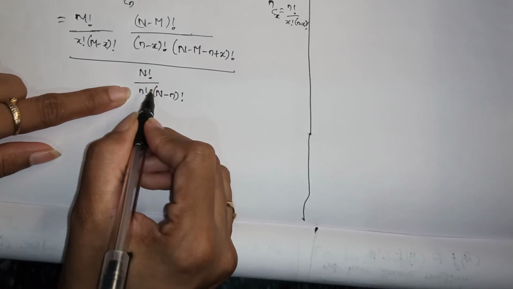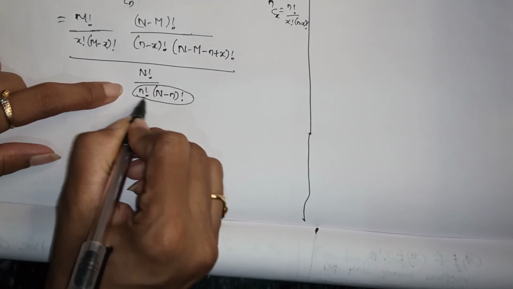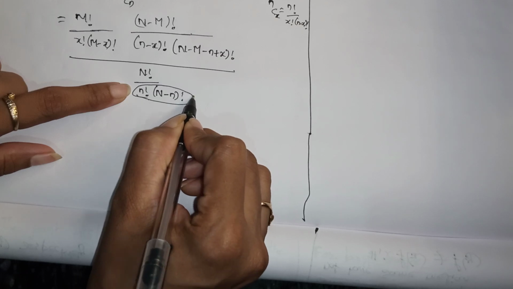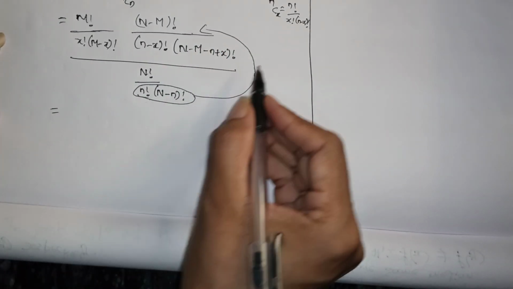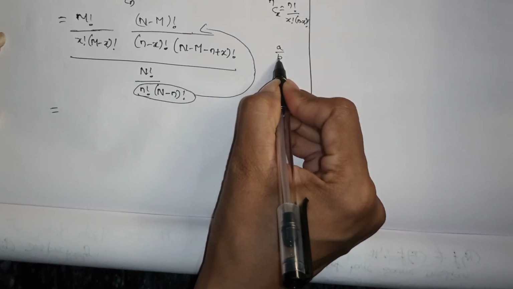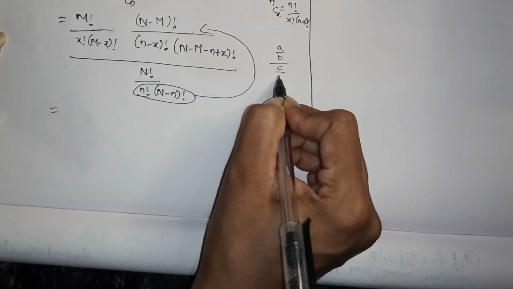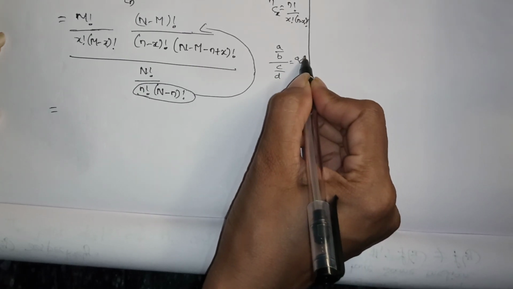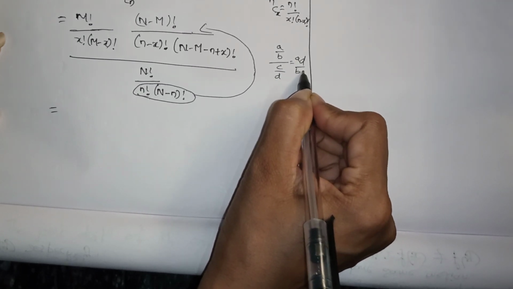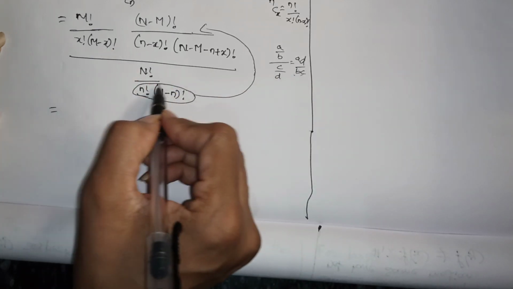Now see here, these both are in the denominator, so they will come to the numerator. It is like a by b whole by c by d, which we can write as ad by bc, no? In this way we are going to write this.